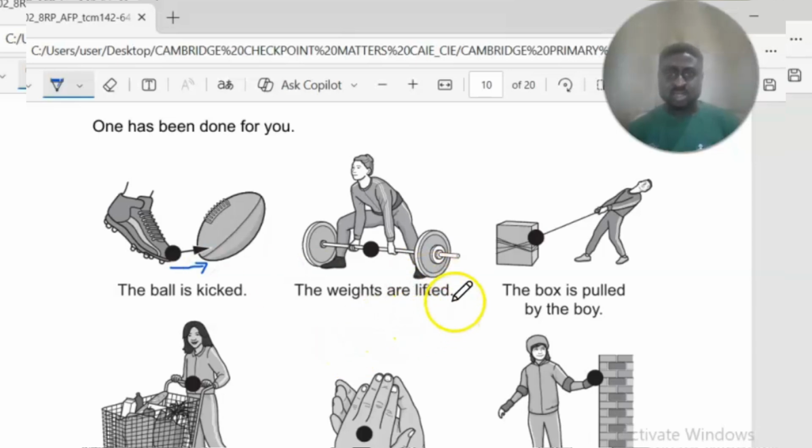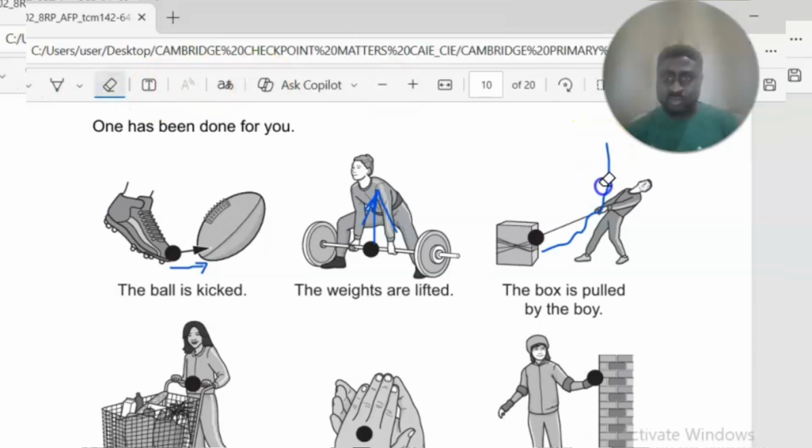The weights are lifted. So in which direction is the force exerted by this weight lifter? It should be this way, upwards, because that is where the hand is pulling from. That is where your arrow should face. Look at the next one. The box is pulled by the boy. So in which direction is the pulling force? It is from the dot all the way to, oh, this is a mistake.